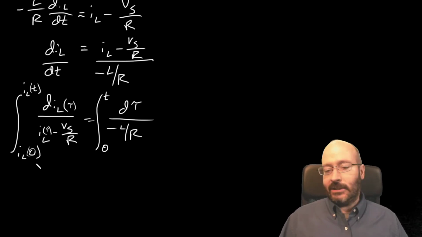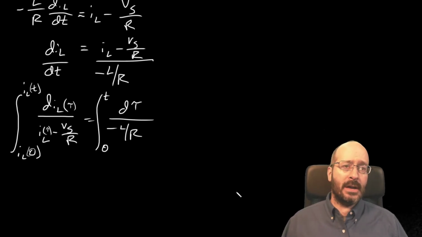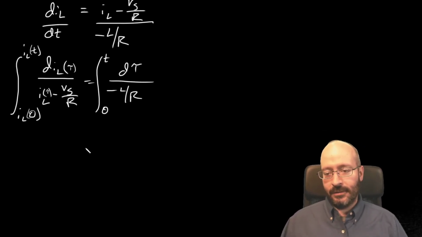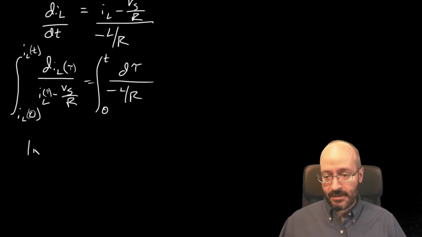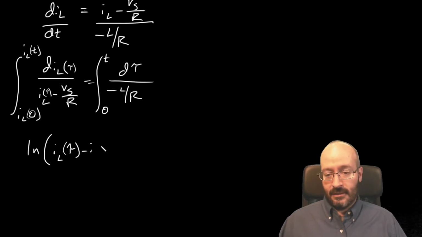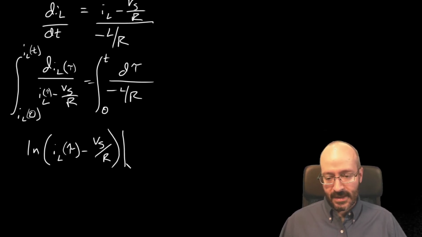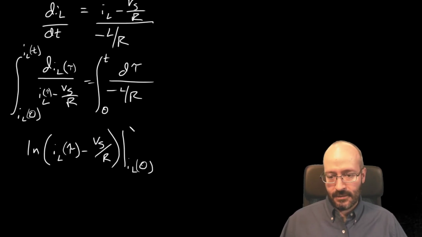All right. So performing those integrals, we've done this a few times now, so there shouldn't be anything tricky here. We got a natural log of I sub L of tau minus Vs over R, and we're going to evaluate that from I sub L of 0 to I sub L of t.